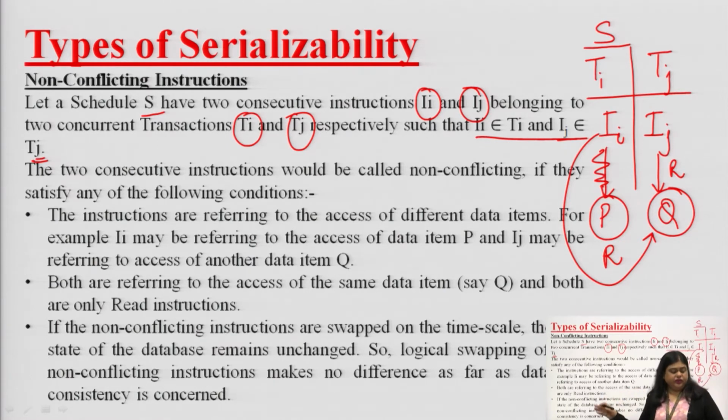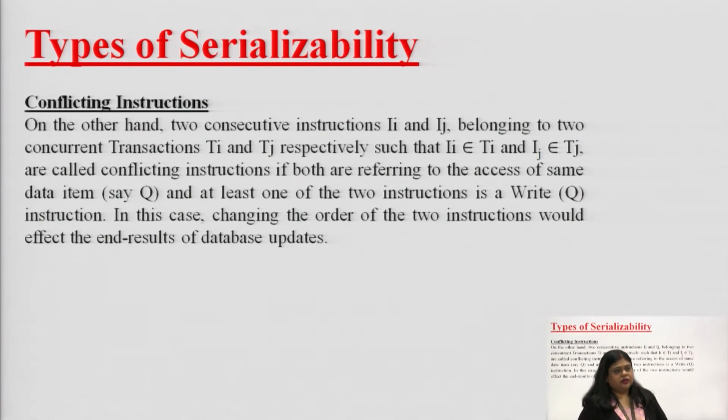We will see an example where this swapping takes place, and they are swapped on the time scale, the end state of the database remains unchanged. So, logically, swapping of two non-conflicting instructions makes no difference as far as database consistency is concerned. So, we can logically swap these non-conflicting instructions.